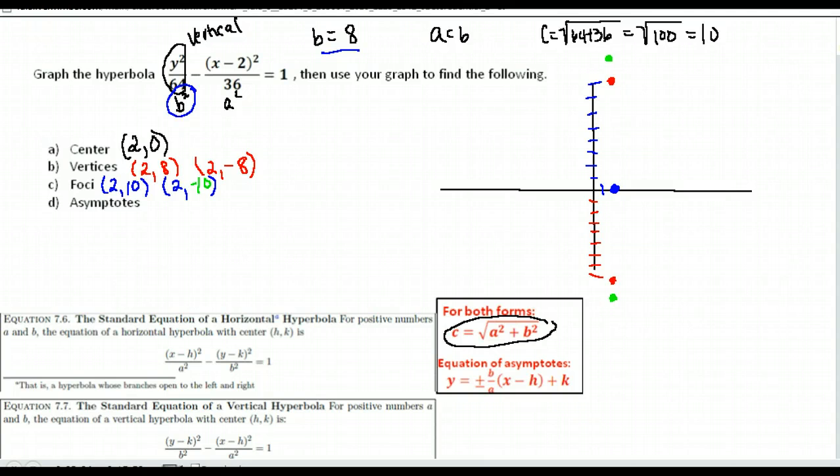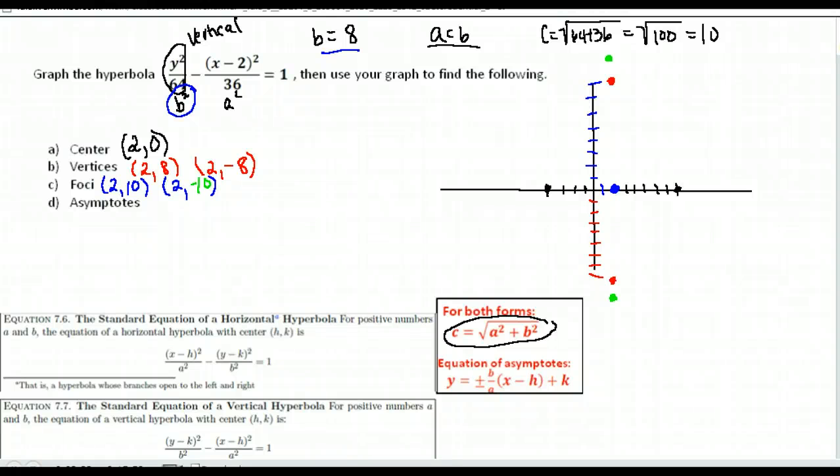The asymptotes, the way that I typically do this when I teach this is to use that other coordinate, the a, and go horizontally. Okay, and it's not really a point on the graph, so you just want to kind of mark that 6 to the left and 6 to the right of the center.